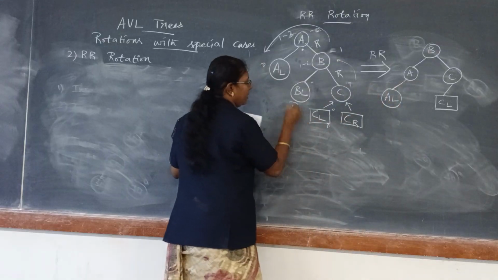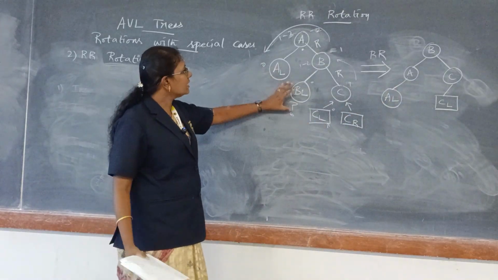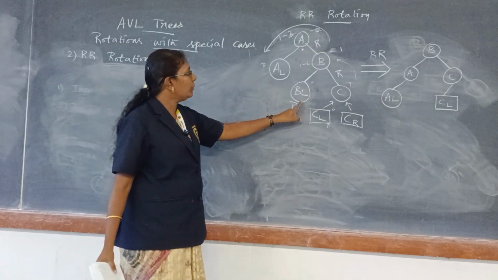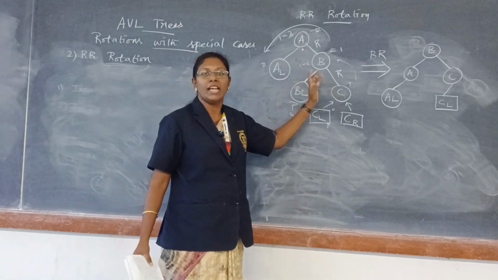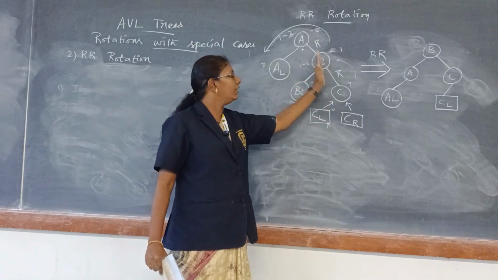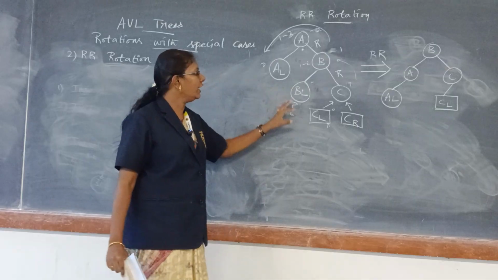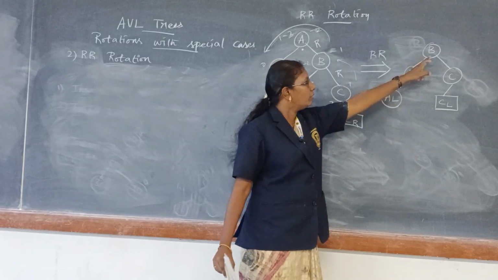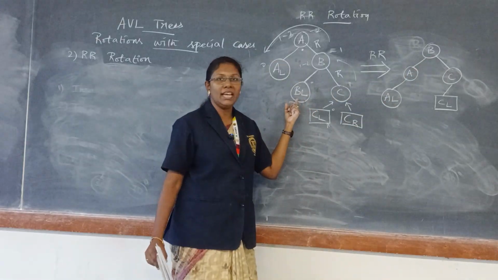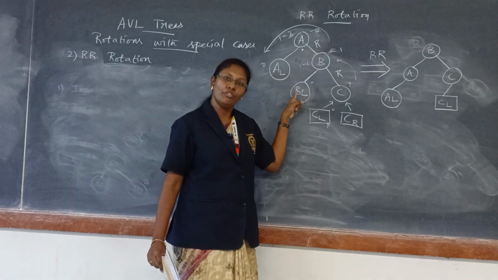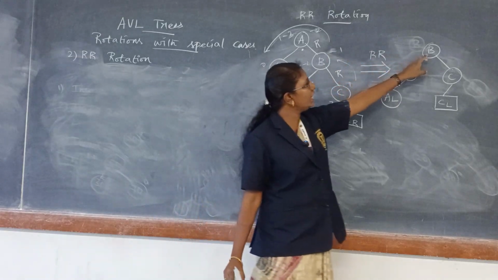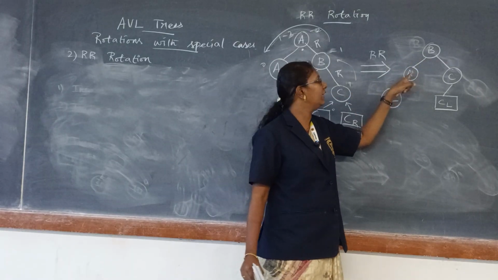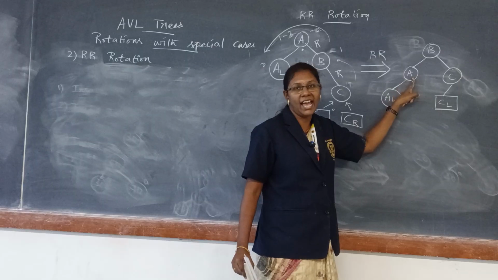And what about this BL? That is what we have to take into account in this case. BL is the left child of B, which means it must reside to the left of B only. That means we are going to insert this BL into the left subtree of B. I am immediately placing this node at the next level of B itself, but the next level of B already has A as its child.